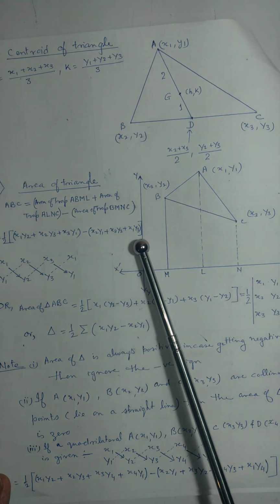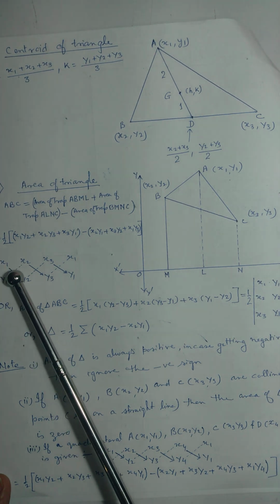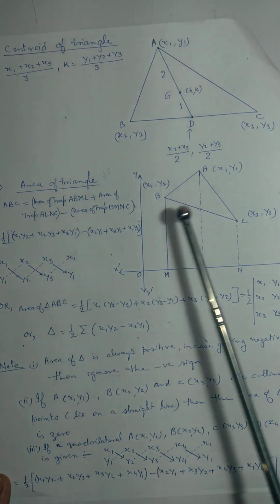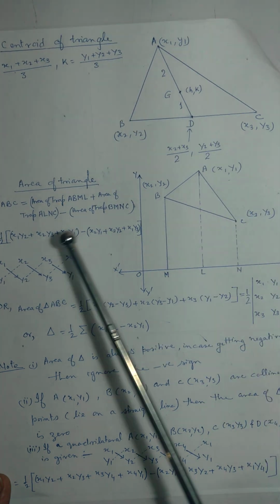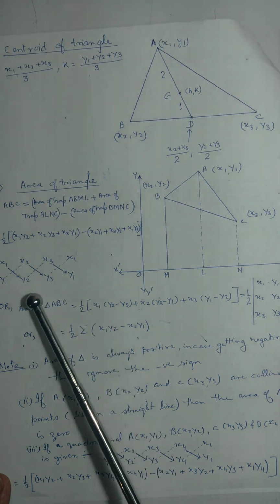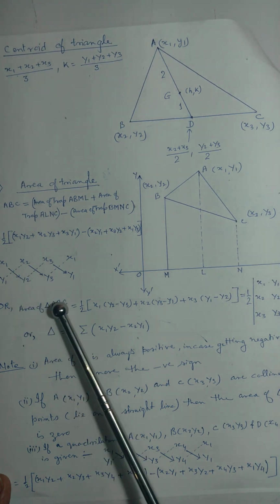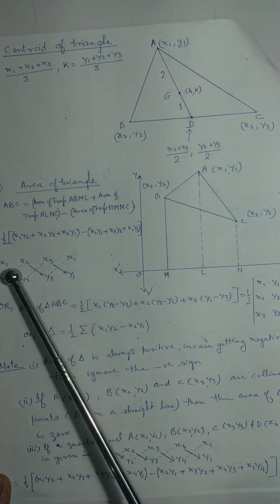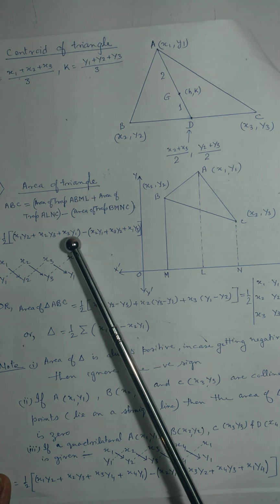How can we establish this formula? You can see I have written here for your guidance x1 y1, x2 y2, x3 y3, x1 y1. I have started from A, later on B, C, again A. The dark line will be multiplied, so we will get the positive sign: x1 y2, x2 y3, x3 y1.